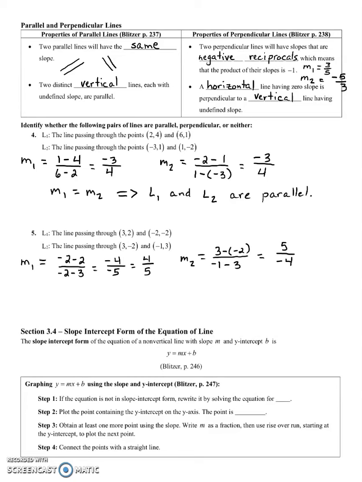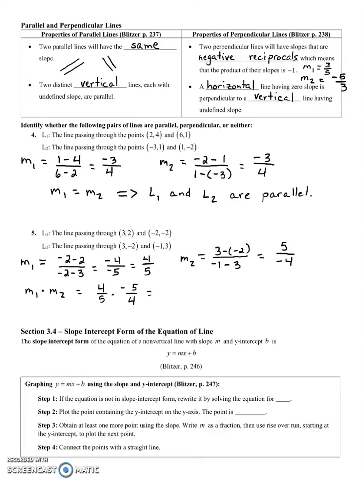So they're not equal. Let's see if they're negative reciprocals. So let's take m1 and multiply it by m2. So 4/5 times negative 5/4.